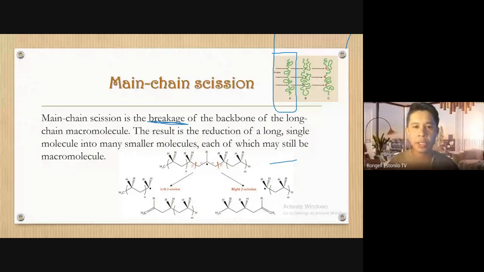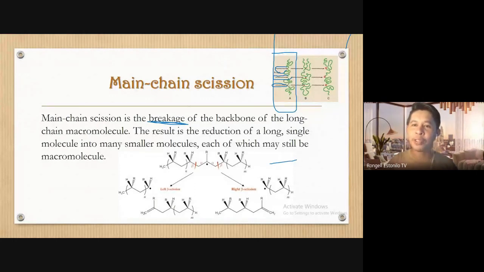So breakage of a backbone of a long chain macromolecule. By definition, we can say that radiation, the X-ray, can break apart a strong bond. So there is no forever.